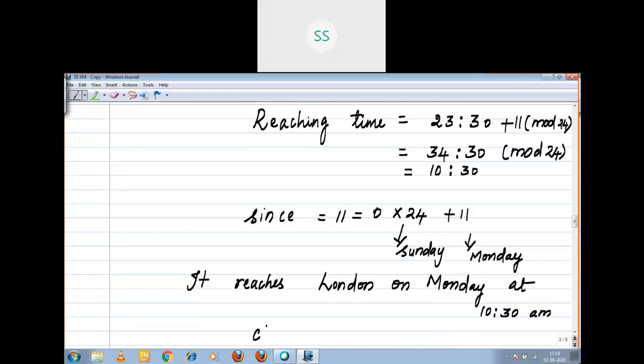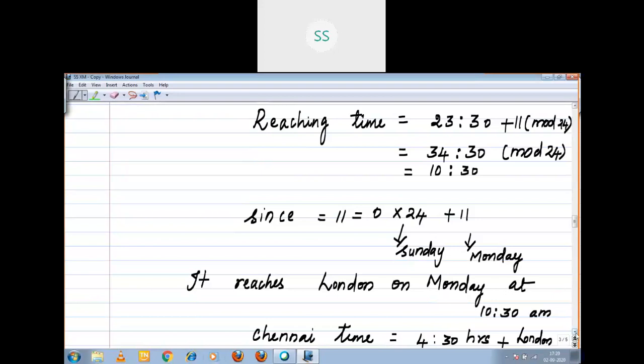Chennai time is equal to 4:30 hours plus London time.